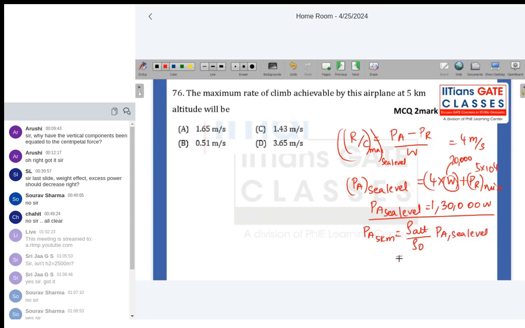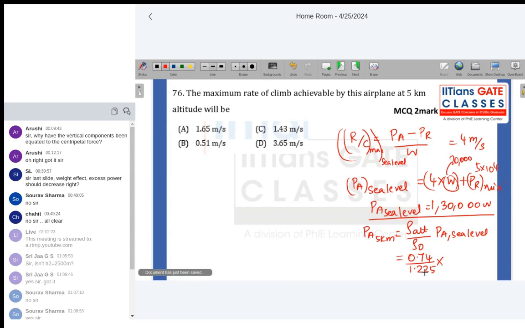What is the density at the given altitude? It is 0.74, which is given. Sea level density is 1.225, that is also given. If they had not given it, we have to know by heart that it is 1.225 kilogram per meter cube.